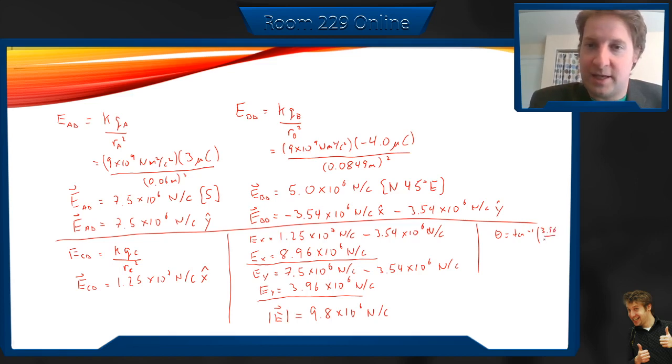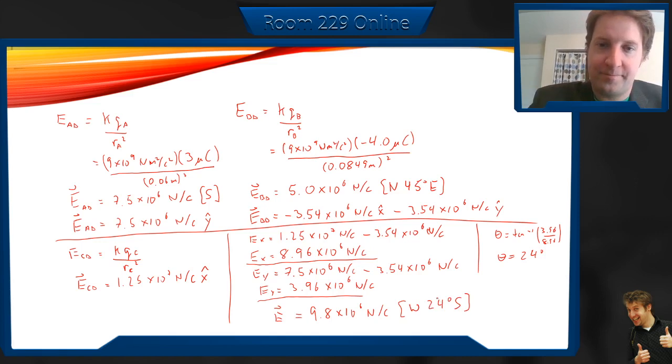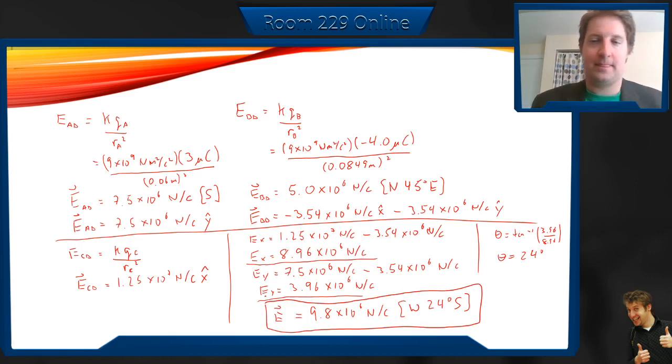Yeah, 8.96. So 24 degrees. So there's my final answer. Why don't I just get rid of these? The final answer is going to be this, and it's mostly in the x direction, so that's going to be west, and 24 degrees south. Okay, there we are, our final answer. Ooh, that got a bit messy, didn't it?